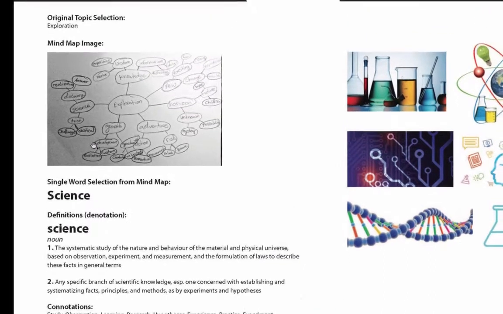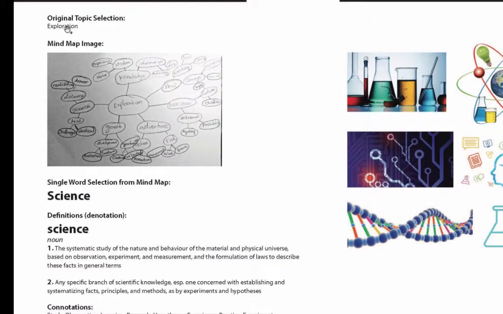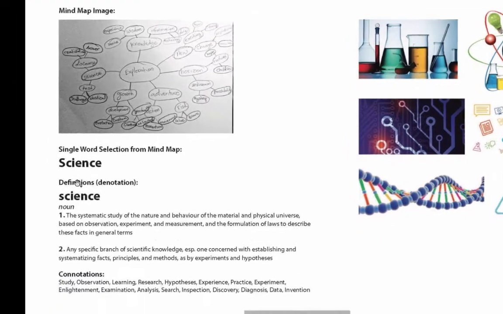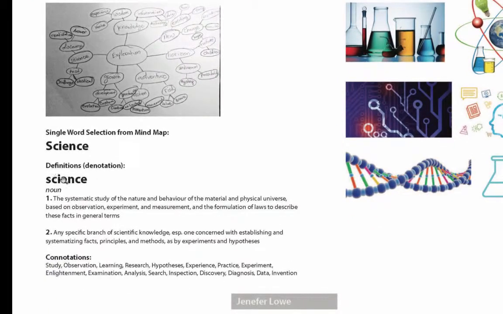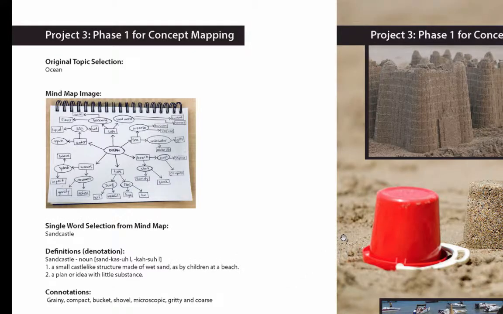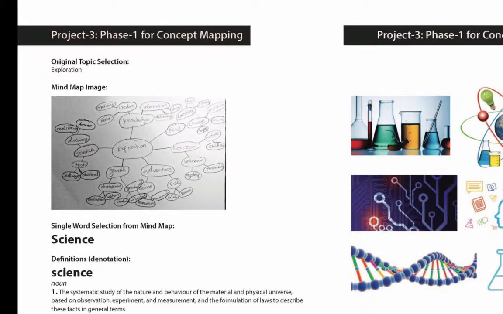If you look up here, as a reminder, the original was exploration. Then they define science, it's a noun, and they give the definitions, and then they wrote down some different connotations: study, observation, learning, research, and so on. They wrote a lot more than 6, which I find helpful. Let's go back up. There we go.